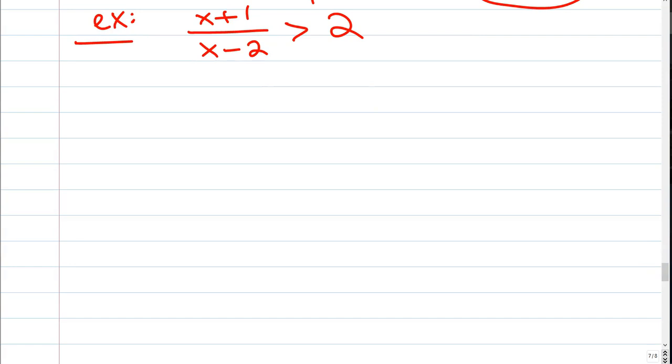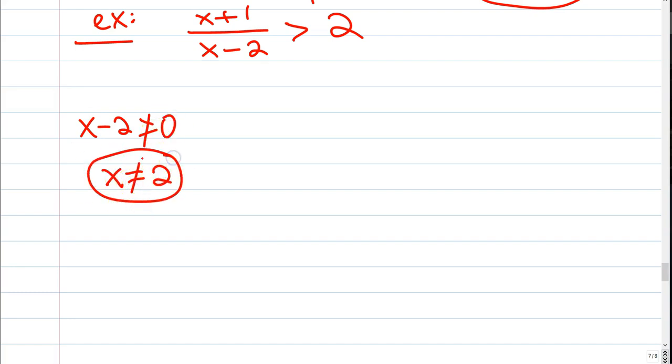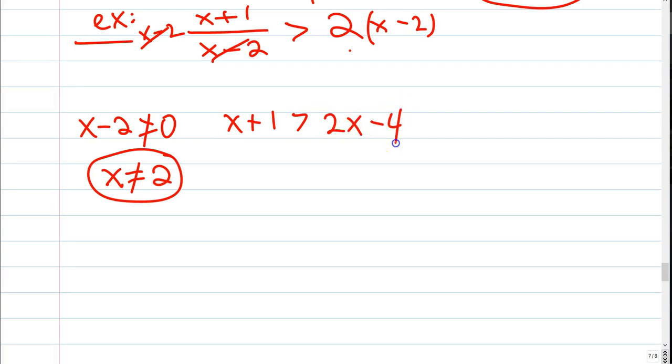Last but not least, where's the hole? Denominator cannot be 0. x cannot be 2. Keep that in mind. Multiply by the denominator. x plus 1 is greater than 2x minus 4.